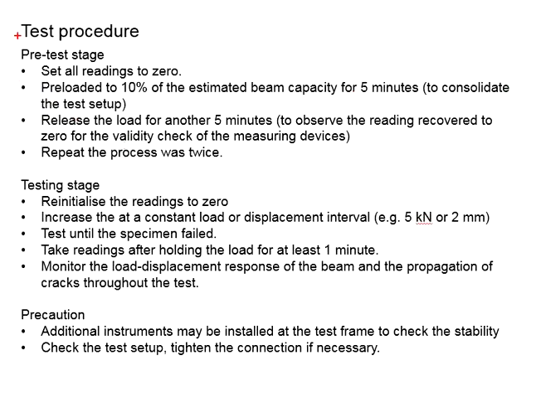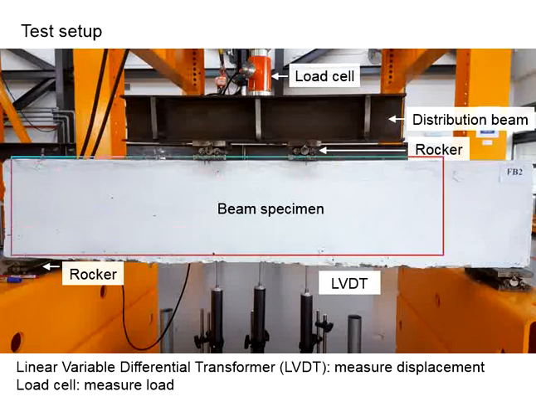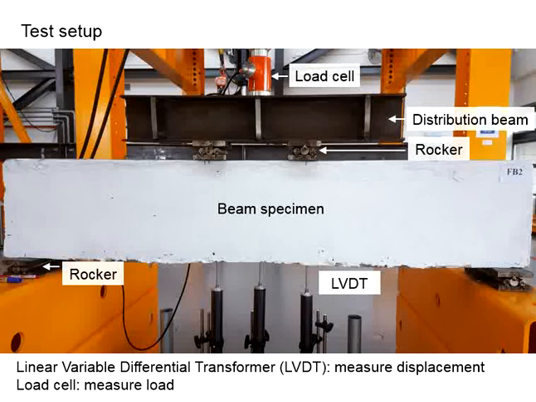If you look at the procedures of conducting the testing, we are also monitoring the propagation of the cracks throughout the test. You apply the vertical load onto the specimen, and then you hold the load for 1 minute before readings are taken. Then you look at the surface of the beam to see if any crack occurs.